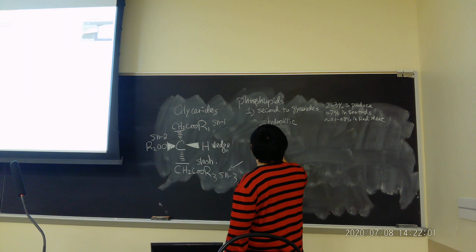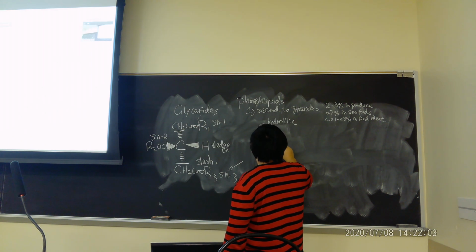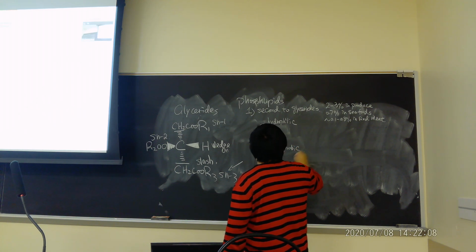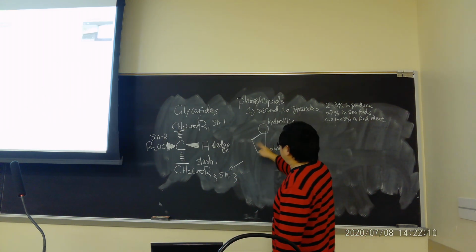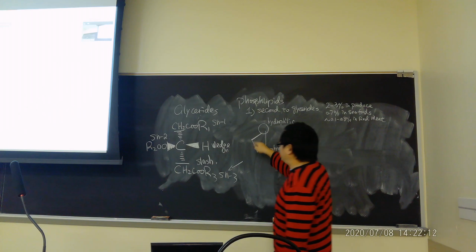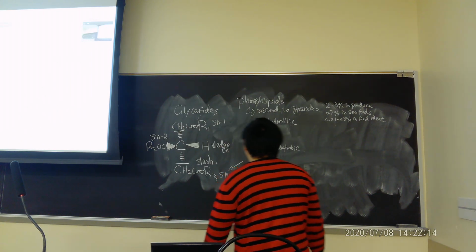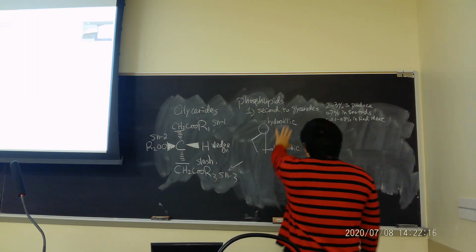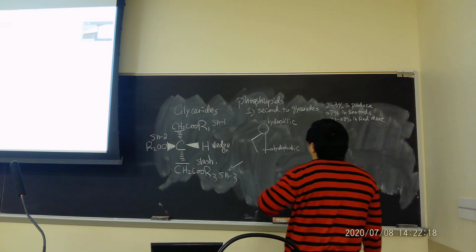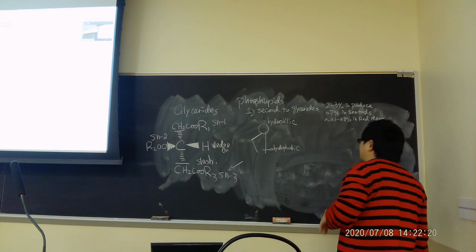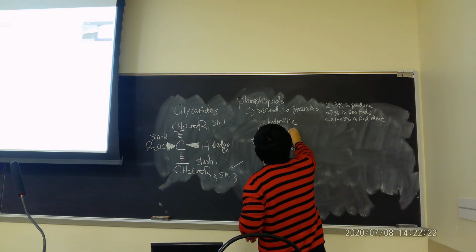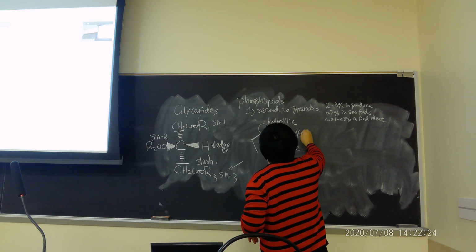The tail is hydrophobic, dislikes water, or hates water. There are two chains, one saturated and another unsaturated. Usually it looks like that. Because it has a hydrophilic head and a hydrophobic tail, it's a very good surfactant.